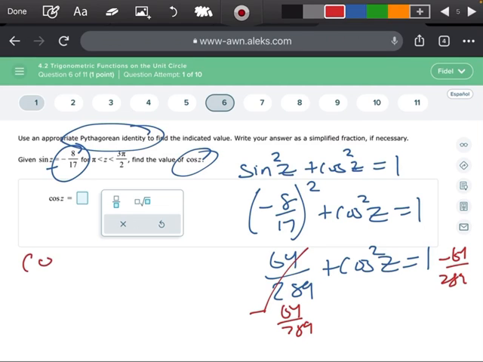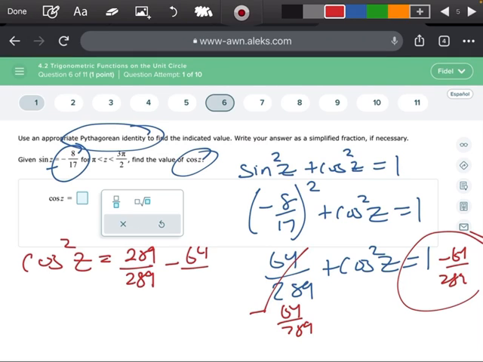So now we have cosine squared z is equal to 1 minus 64 over 289. Let's write that 1 as 289 over 289 minus 64 over 289, so we can get our common denominator here. And so 289 minus 64 is 225 over 289.